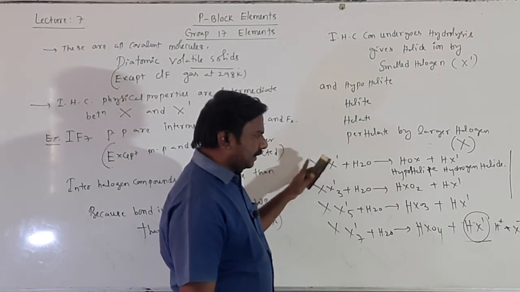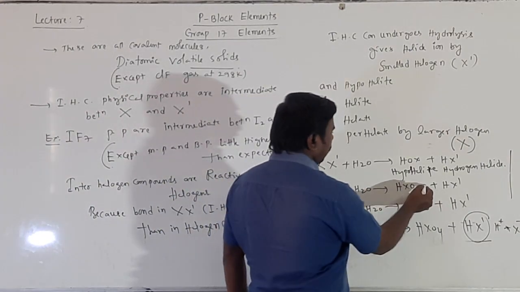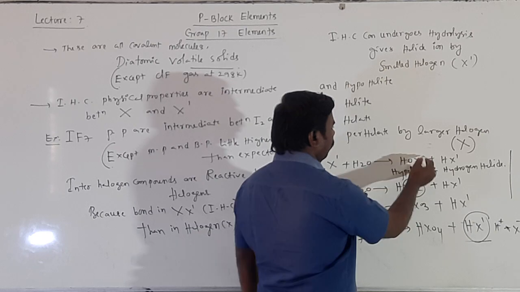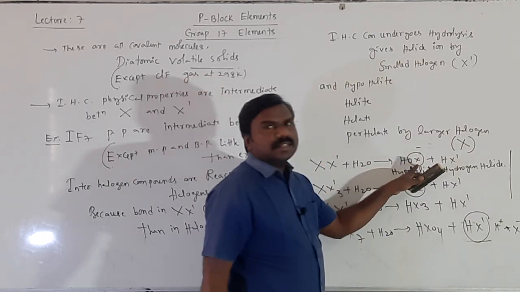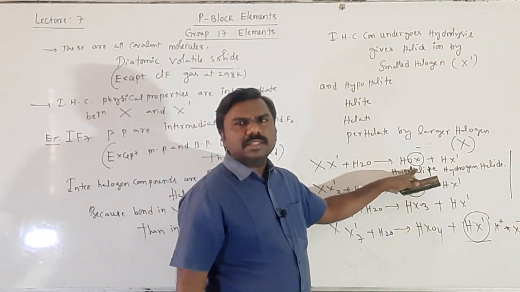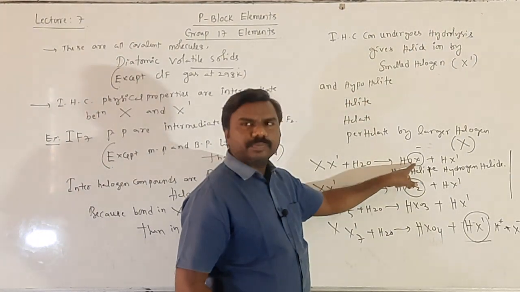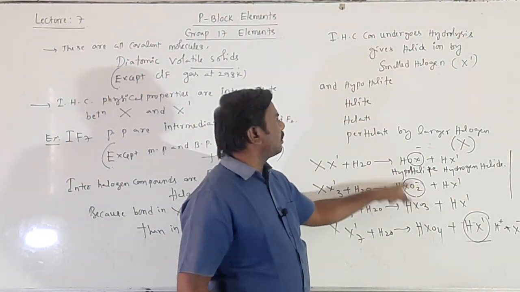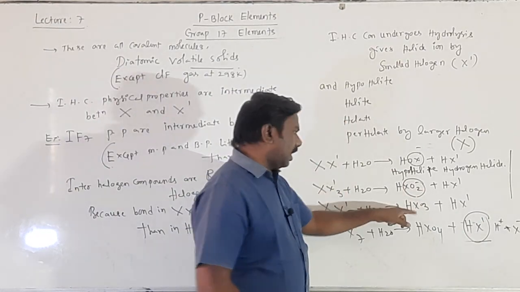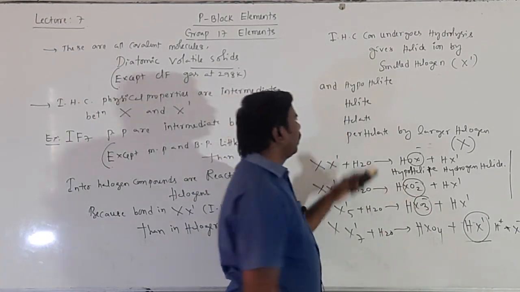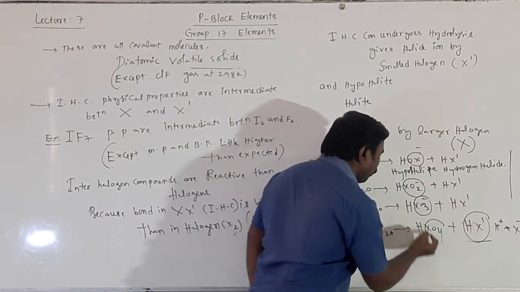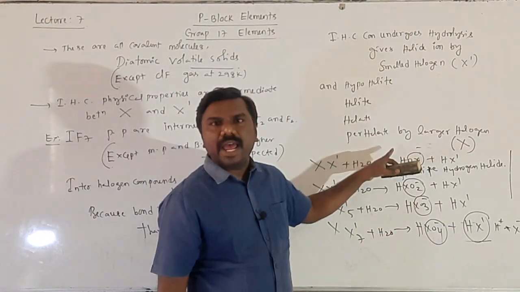The larger one is X, which forms XO2 minus, OX minus. OX minus is nothing but OF minus, OCl minus, whatever it is: hypohalite. XO2 minus is halite. XO3 minus is halate. XO4 minus is perhalate.